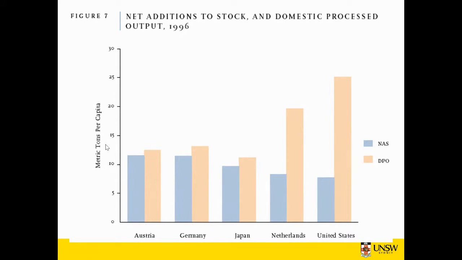Just showing how net addition to stock compares to the product output in the year 1996. We see that depending on the country, some countries have larger addition to stock, some have smaller. That would be an indication of both industrial activity in the country itself and the consumption patterns too.